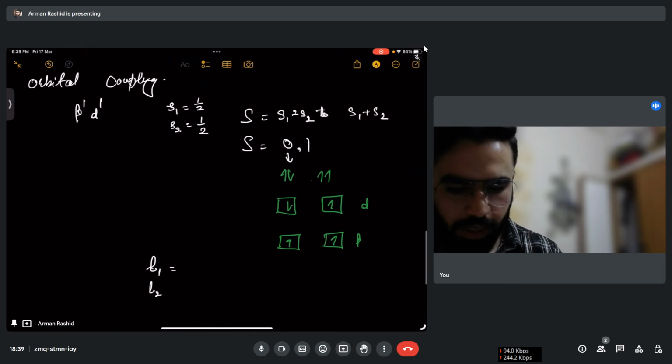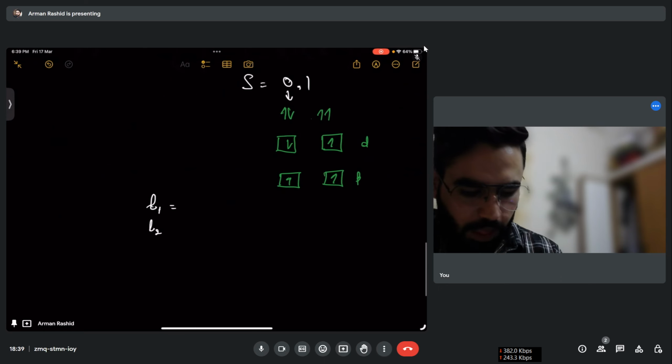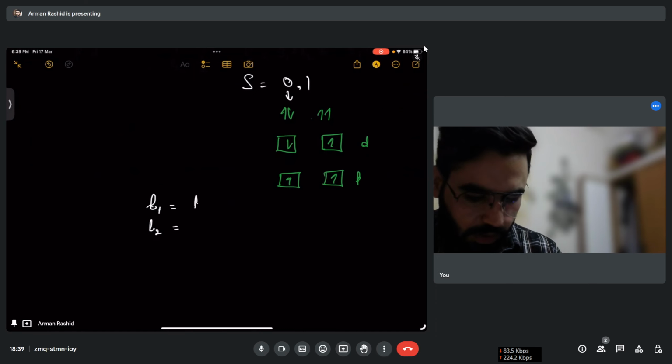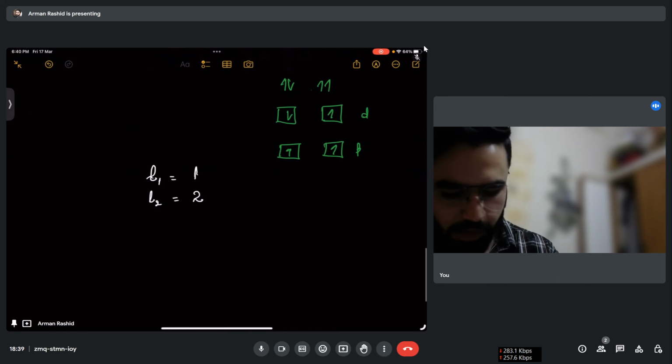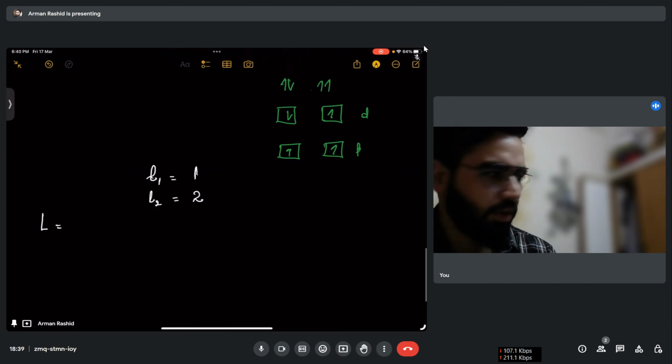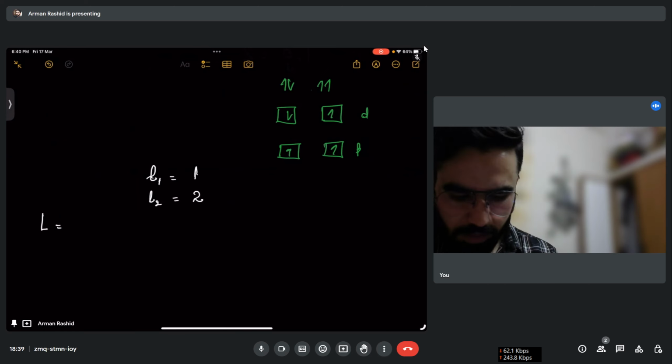For P we have l equal to 1, for D we have l equal to 2. So we have orbital quantum number 1 for one electron, 2 for another electron. Now how much will be our total L, total orbital angular momentum quantum number? It will be from L1 plus L2 to L1 minus L2.